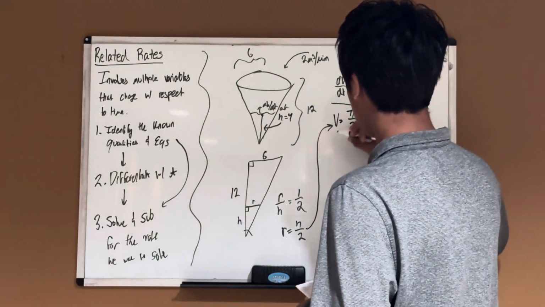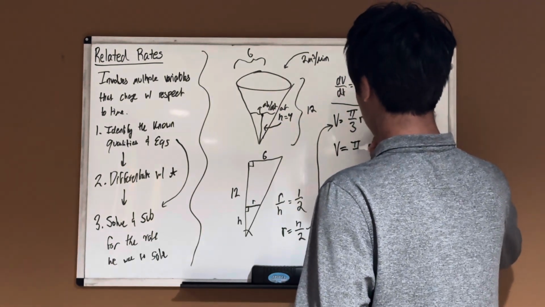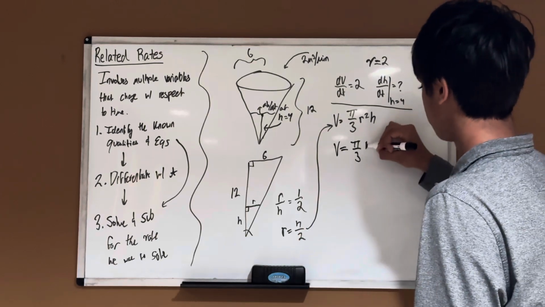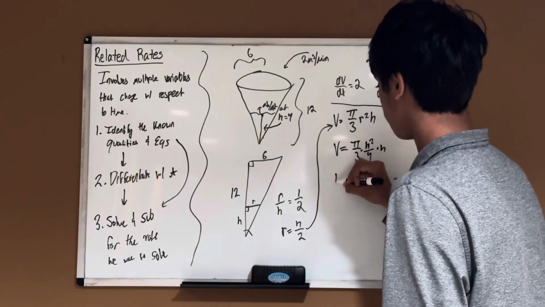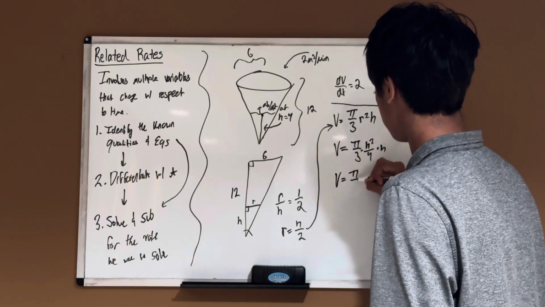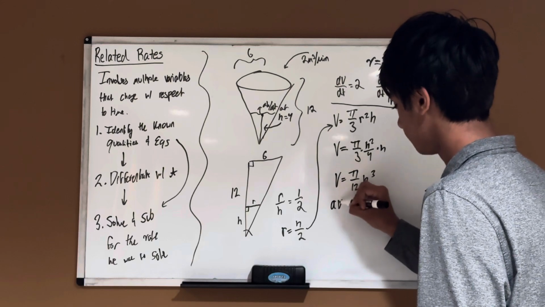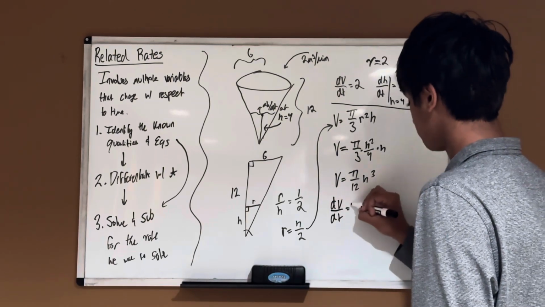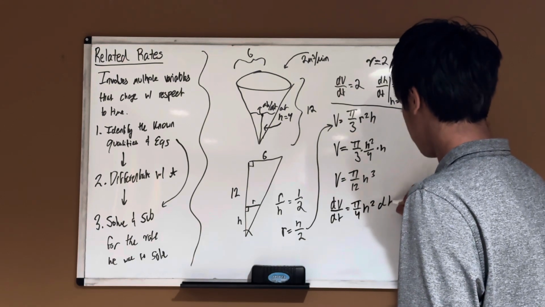So now if we plug in this value, we have volume equals pi thirds times r squared, h squared over 4, times h. So volume is equal to pi over 12 h cubed. Differentiate, we get dV/dt is equal to pi over 4 h squared dh/dt.